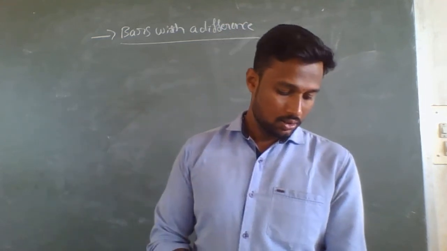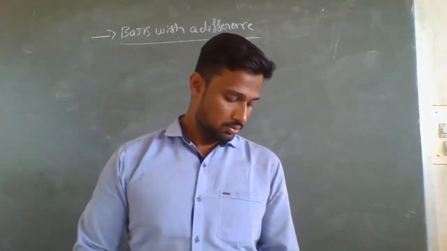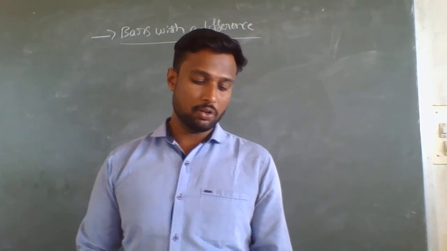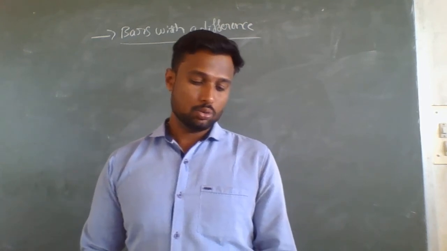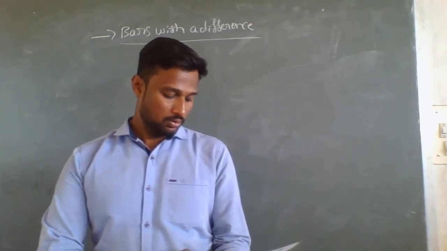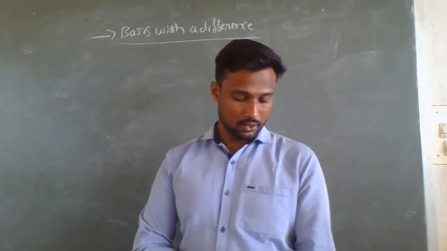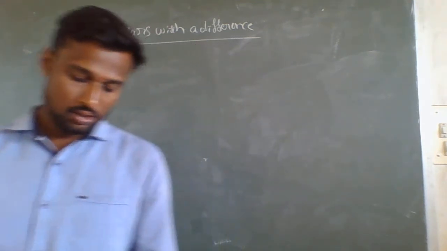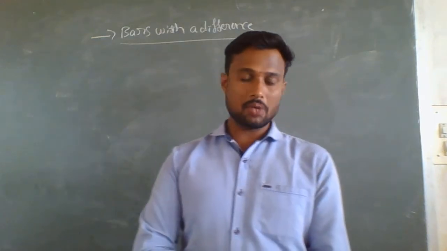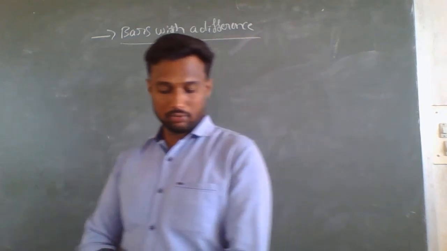Here they considered the previous example of grouping data, table 5.2, with groups from 0 to 10, 10 to 20, like that up to 40 to 50 and 50 to 60. In the previous class also I considered marks from 40 to 50 only, so here also I will consider 40 to 50 only.